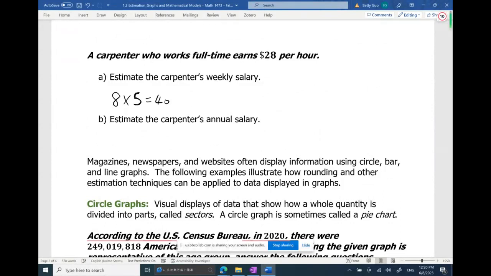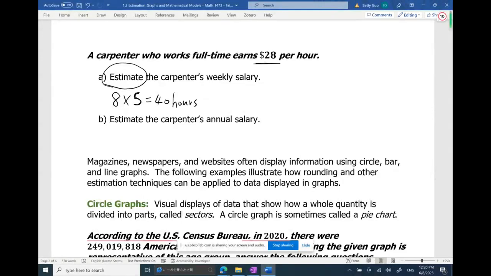So let's say the carpenter works 40 hours per week. Every hour he makes $28. Then how do we estimate the weekly salary of the carpenter? We're going to multiply 28 by 40 to get the weekly salary for the carpenter, right?